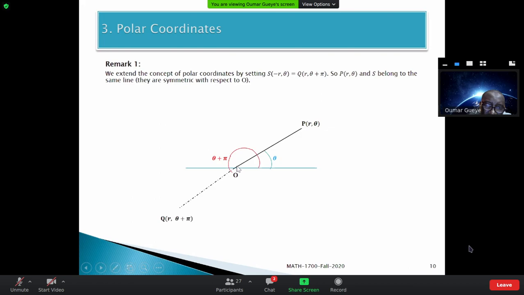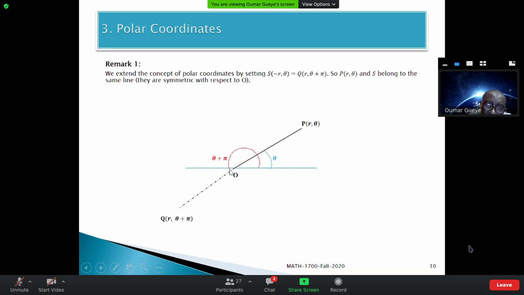Since they have the same distance r and a different angle, the angle for Q is obtained from this point, the right angle, up to here. If you start here and go up to here, you will get your angle. And how to calculate it? Knowing this blue angle, which is equal to theta, you have to add 180 degrees.